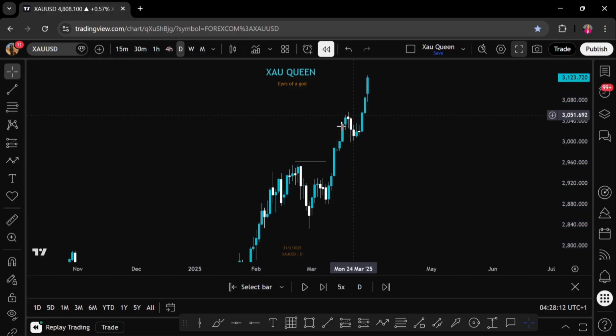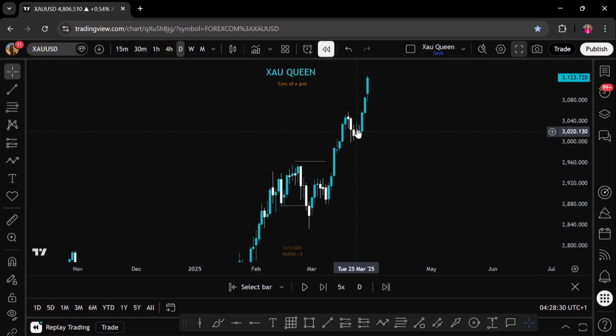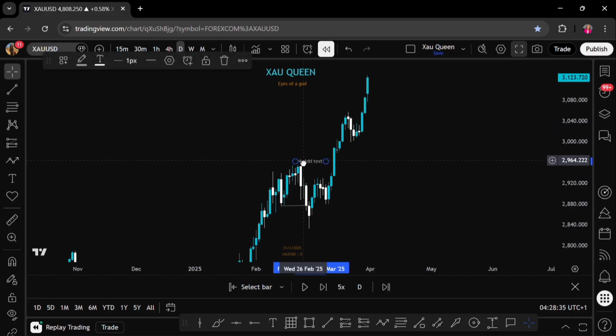I will tell you when we get to liquidity why I don't consider this a valid break of structure. For a valid swing structure, the swing structure must take out a low. This guy here did not take out any valid low. That's why I'm not considering it as our swing structure.